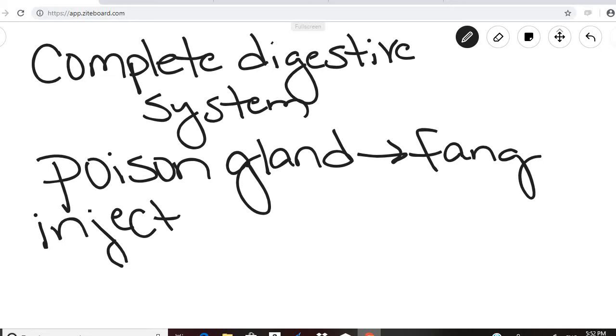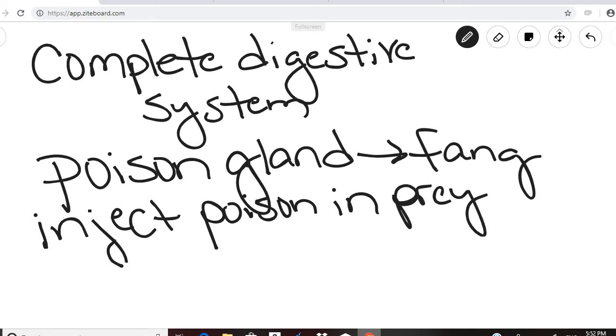What it does is it paralyzes their prey, and it secretes digestive enzymes into their prey, so that basically the enzymes digest the prey, and then the spider just sucks it into its mouth.